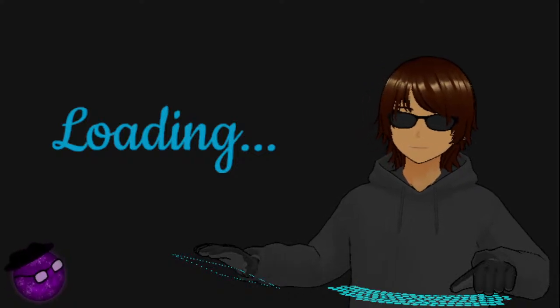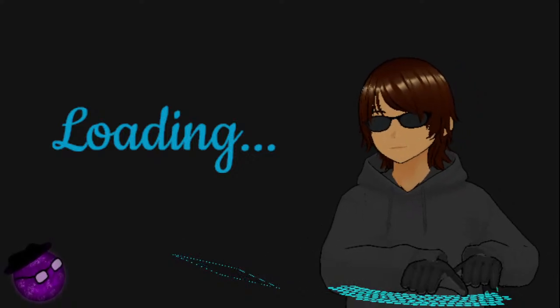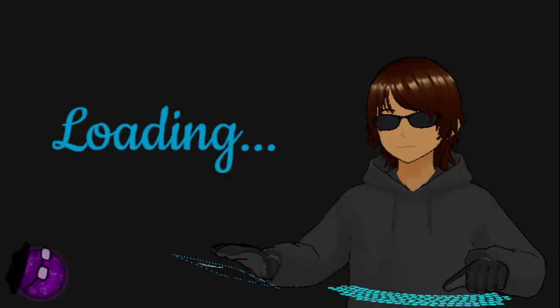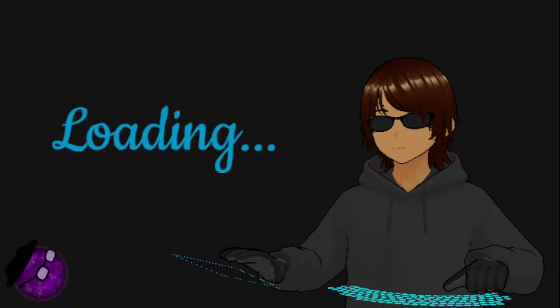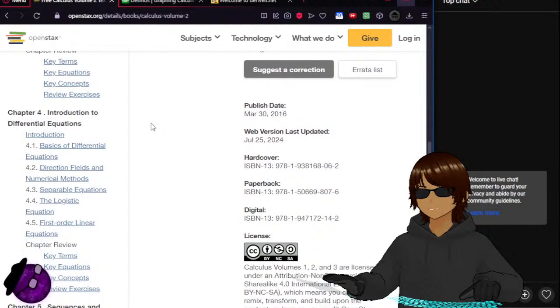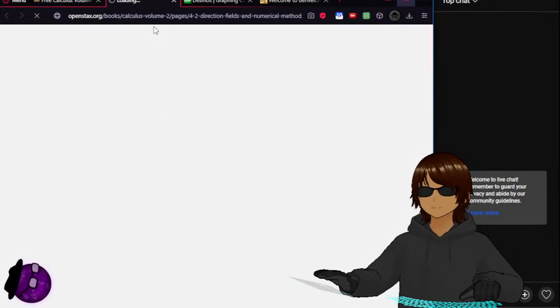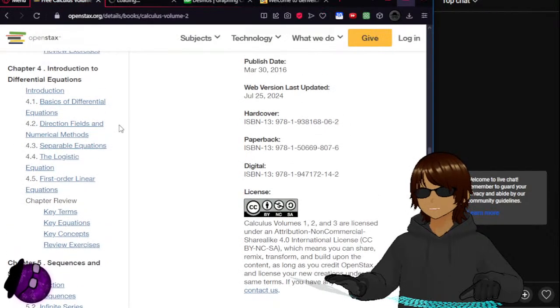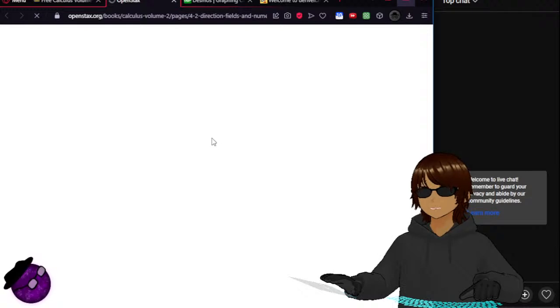Okay, let me change to full screen. So last time I did directional fields and numerical methods. I remember directional fields. I don't remember what they mean by numerical methods.